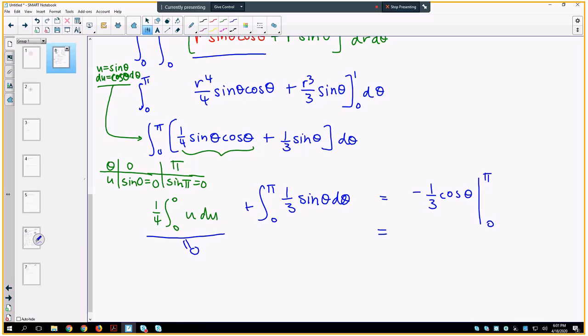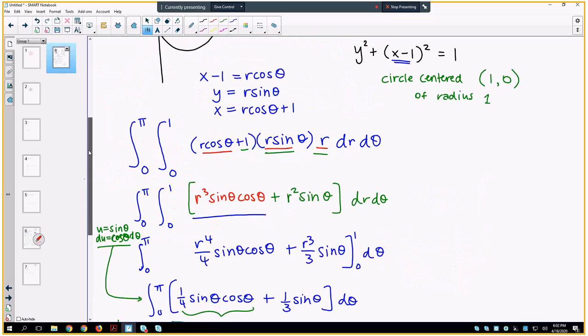Cosine of pi is -1, so this is -1/3 times -1 minus -1/3, and the cosine of 0 is 1. So it's 1/3 plus 1/3, 2/3. So 2/3 is the value of the integral.